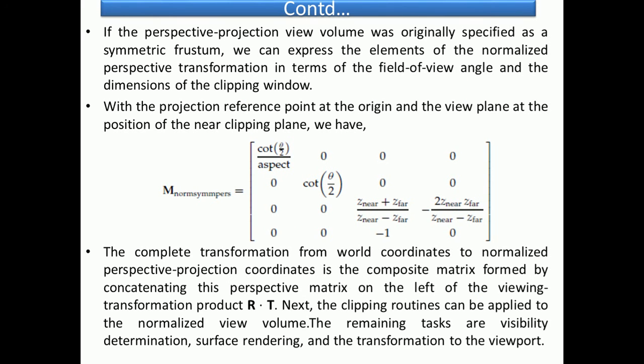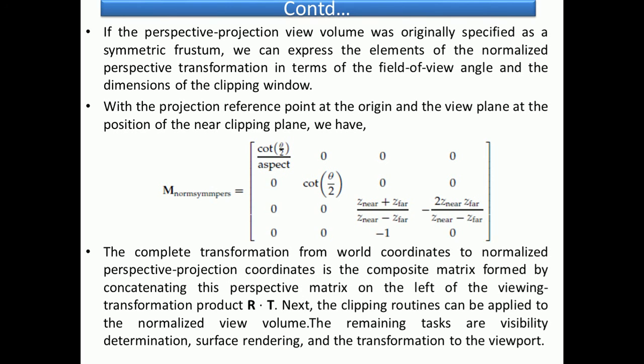If the perspective projection view volume was originally specified as a symmetric frustum, then we can express the elements of the normalized perspective transformation in terms of the field of view angle and the dimensions of the clipping window.